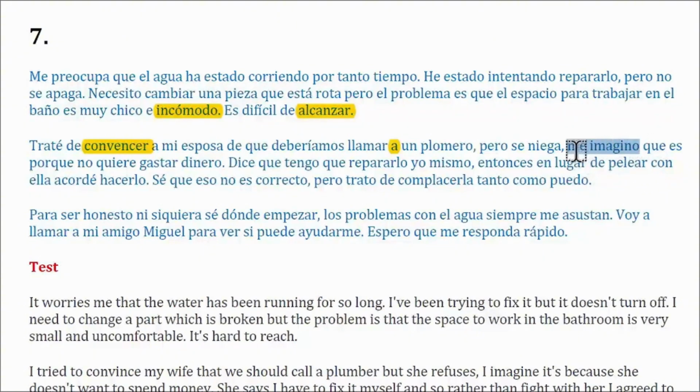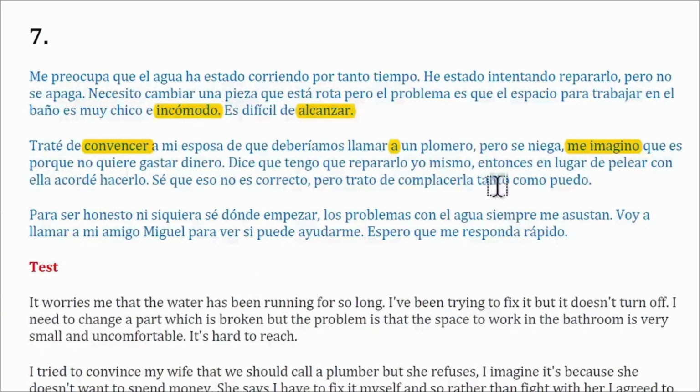This word here is I imagine, but split up, you hear it as me imagino, but really in everyday Spanish, what you actually hear is me imagino. They cut out this bit here, me imagino, que porque no quiere gastar dinero, that it's because she doesn't want to spend money. Dice que tengo que repararlo yo mismo. She says that I have to fix it myself.